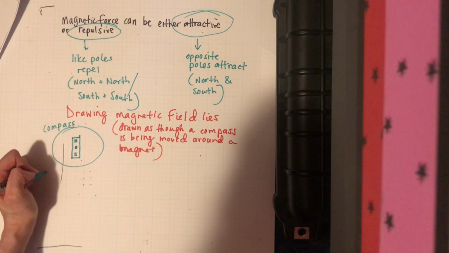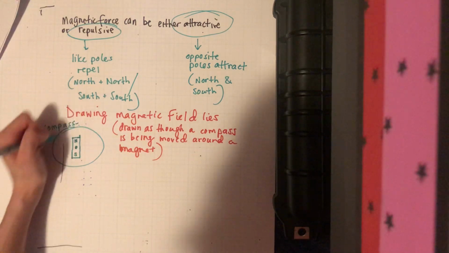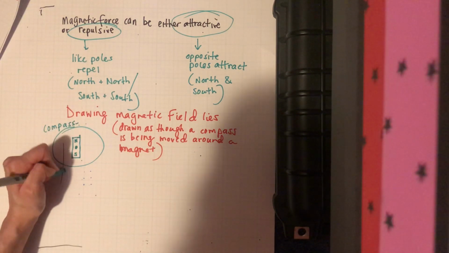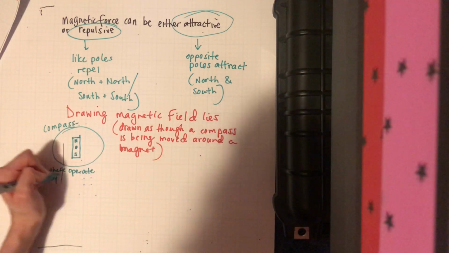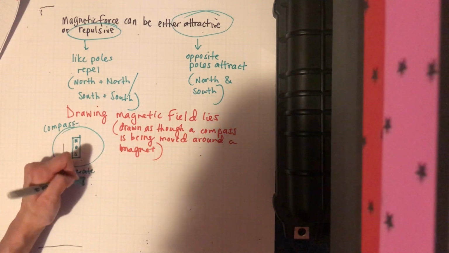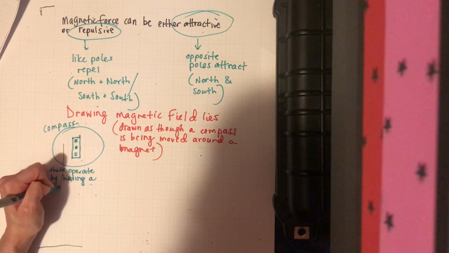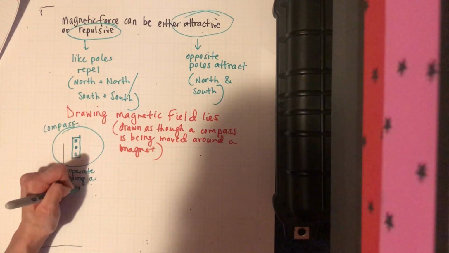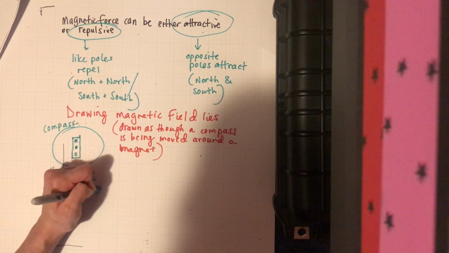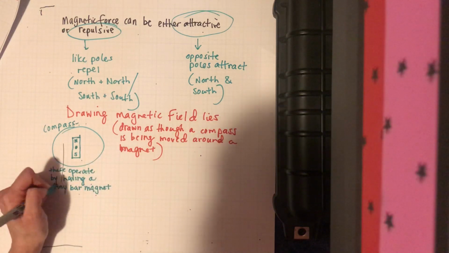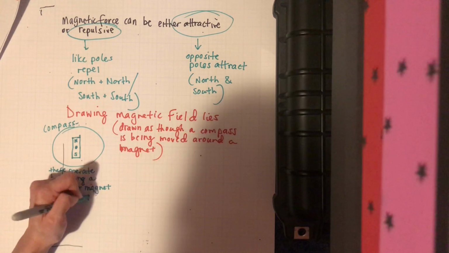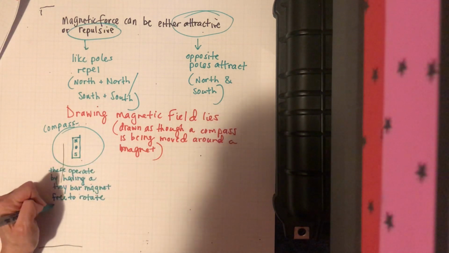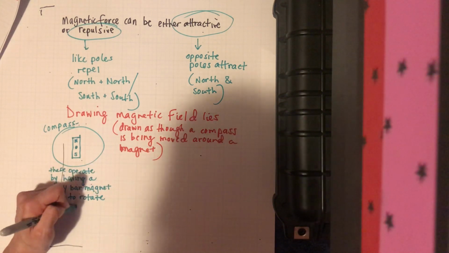So compasses operate by having a tiny bar magnet free to rotate around a pivot point.